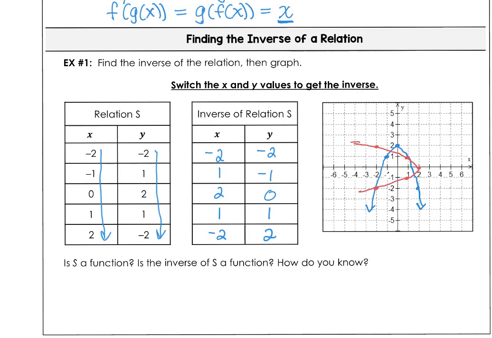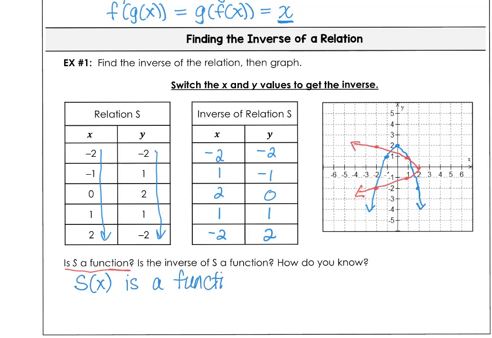And in this particular exploration, we're asked, is S a function? So if you think about the vertical line test here on the blue graph, and you pass that vertical line across the blue graph, that relation S of x, yes, that is definitely a function. So we can say S of x is a function. It passes the vertical line test.